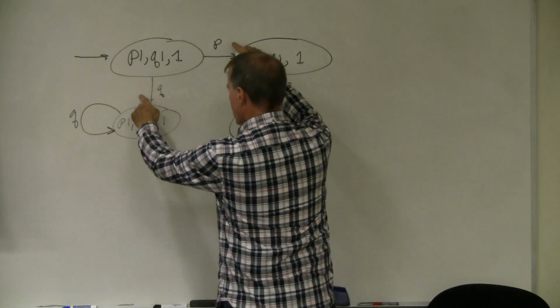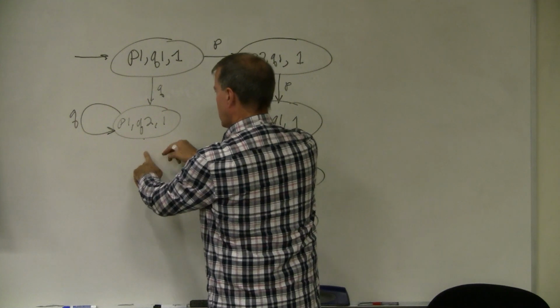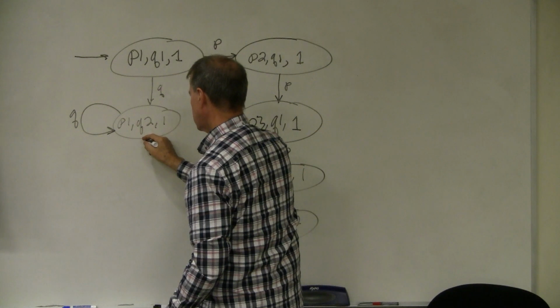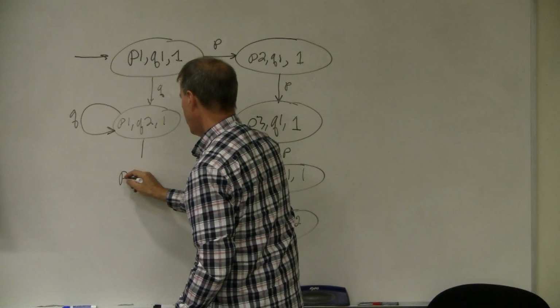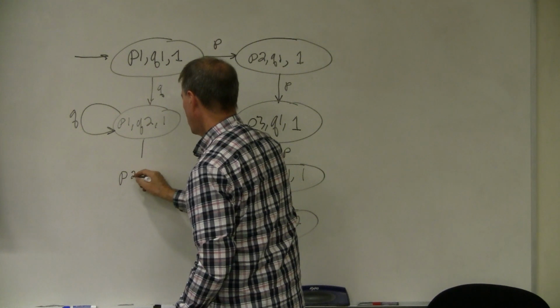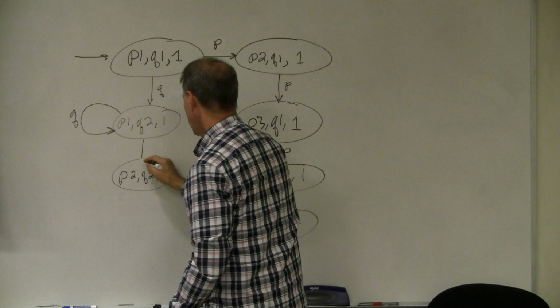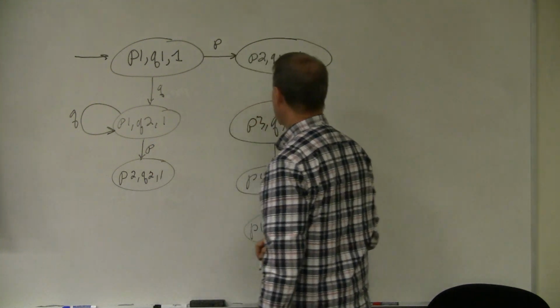We did a P and a Q from here. We did a Q from here. Can we do a P from here? And where would that take us? P2, Q2, 1. In fact, that's the only way we can get out of this. That's if P executes. Okay.